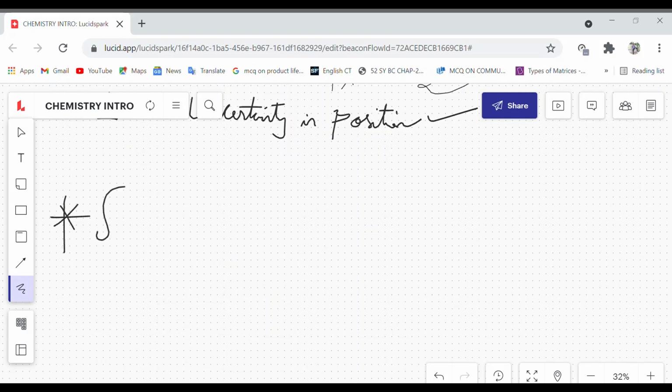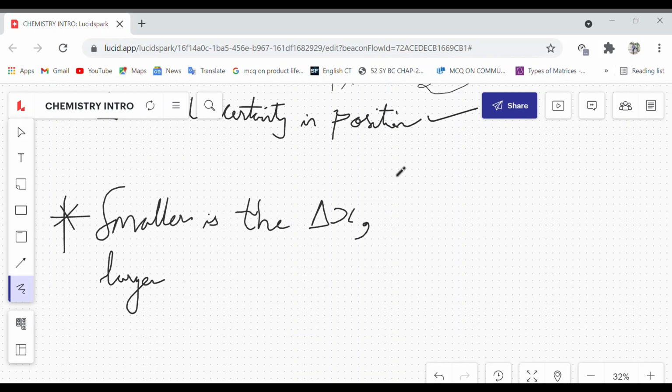Smaller is the del x, larger is the del p. Got the point?